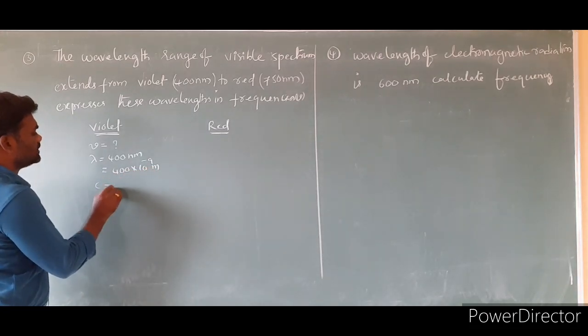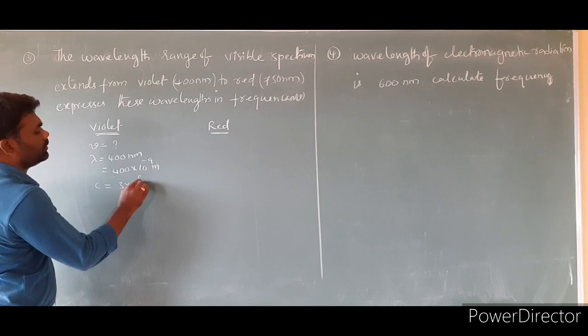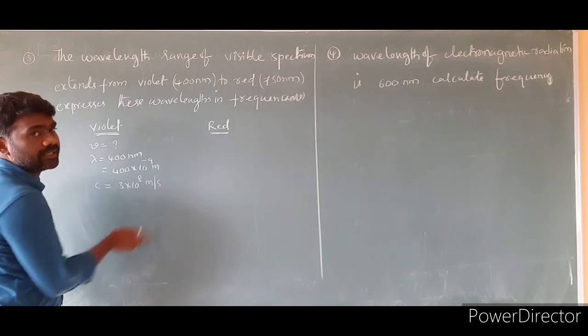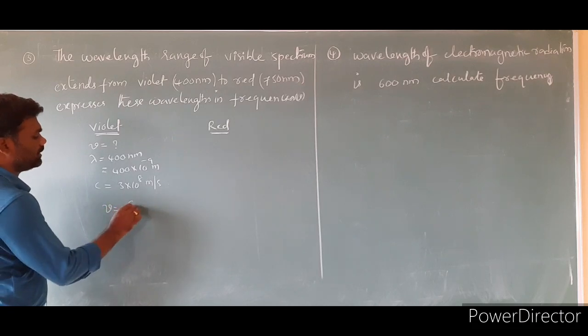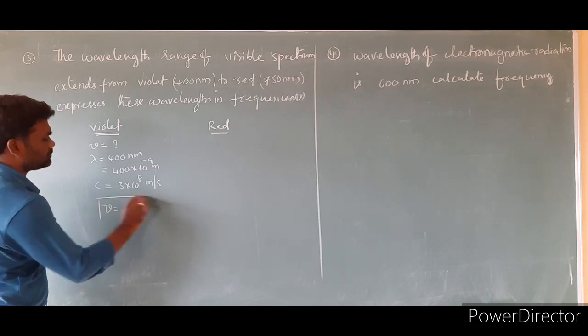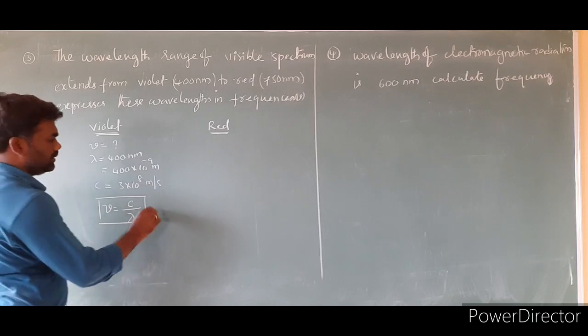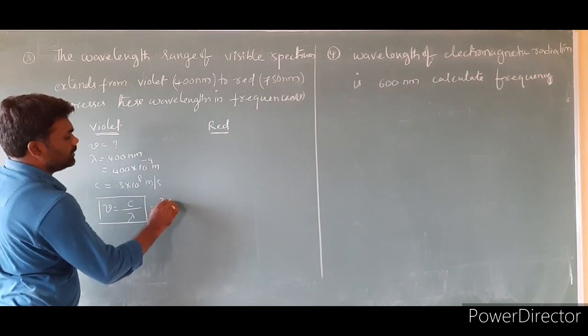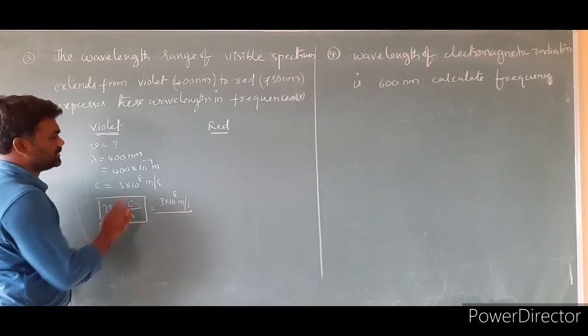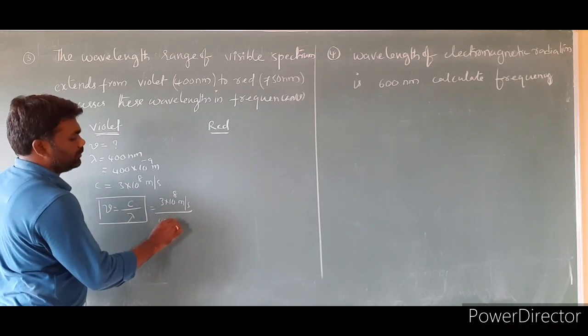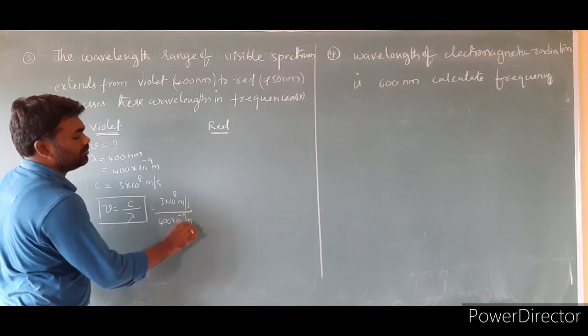Then c is equal to 3 into 10 to the power of 8 meter per second. Substitute all the given values in the formula nu is equal to c by lambda, that is 3 into 10 to the power of 8 meter per second by 400 into 10 power minus 9 meters.